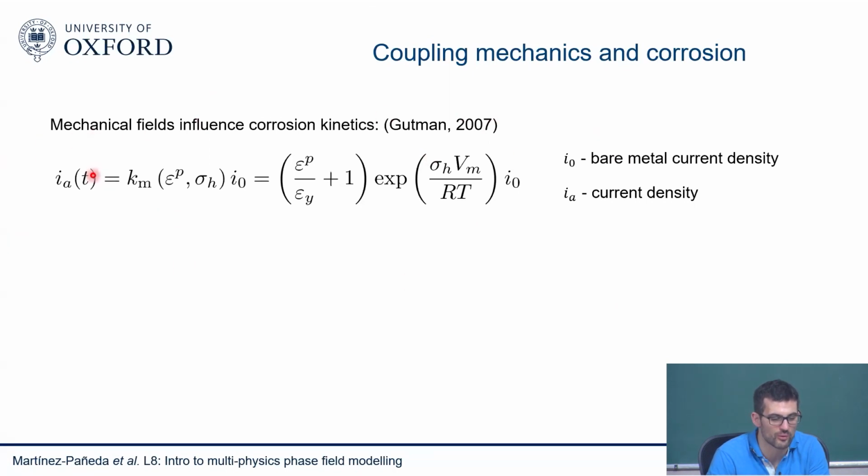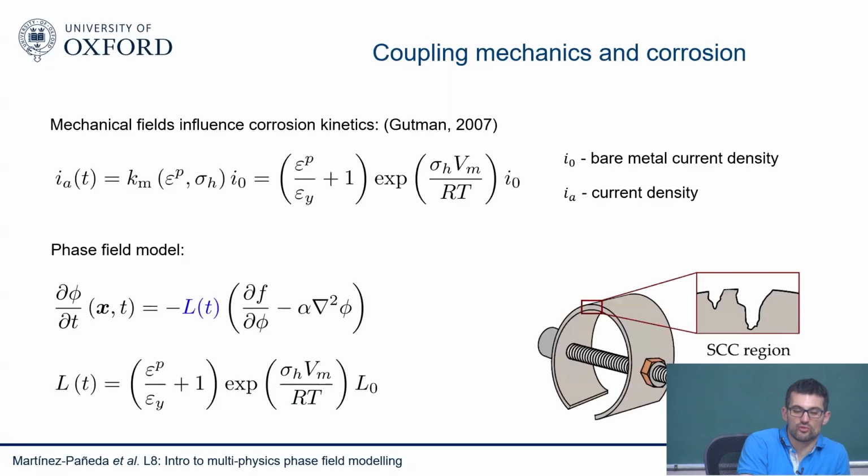So you have a corrosion current density that relies on some sort of mechanics enhancement term that depends on plastic strain, which is, I guess, accounting for dislocation phenomena, for the way the dislocations interact with corrosion kinetics, and then some term that depends on the hydrostatic stress that is telling you how, as you expand your lattice, corrosion kinetics are accelerated. And I mean, there might be other ways of incorporating this. Now we have a student that is working on enriching this description to capture all this experimental data that we see, but this seems to be one way of going forward.